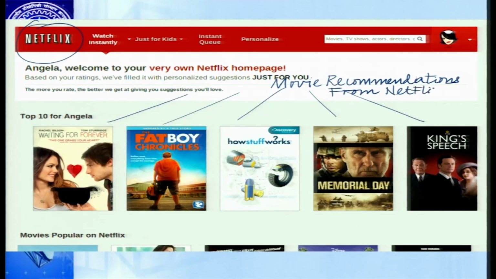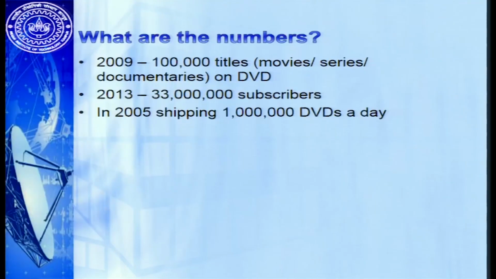These are some movie recommendations from Netflix, based on what it thinks that particular user would like. And of course, as I have already said, the more relevant these movies are, the closer they are to that particular user's interest, the better is the recommender system.